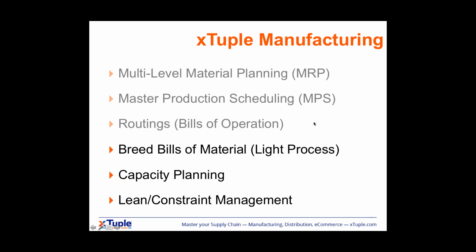So a breeder bill of material is a scenario in manufacturing where you might have multiple outputs. A traditional manufacturing scenario says, I've got raw material, I have a manufacturing process, and at the end, I've got this finished product. Well, in a breeder bill of material or many process-oriented manufacturing scenarios, you've got multiple outputs.